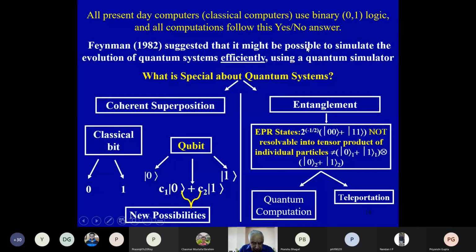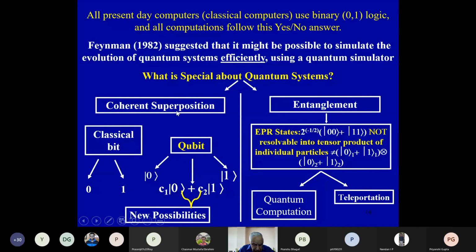But it was a good enough suggestion because it immediately triggered a lot of activity in all fields which possibly could build a quantum computer. But then what is so special about quantum systems that is not there in classical systems? So there are two important properties. One is called coherent superposition.